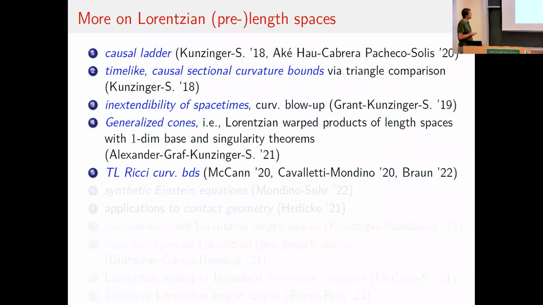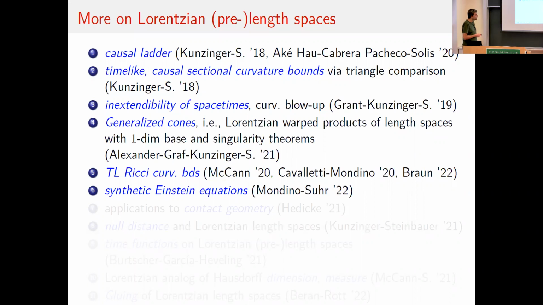Then there are these time-like Ricci curvature bounds, building on work of Mondino. Cavalletti and Mondino introduced time-like Ricci curvature bounds in the synthetic sense, and then Matthias introduced some other conditions, which are analogous to conditions in the metric measure case. Then Mondino-Suhr gave a synthetic version of the Einstein equations, basically saying that you have time-like Ricci curvature bounded below by lambda and curvature bounded above by lambda.